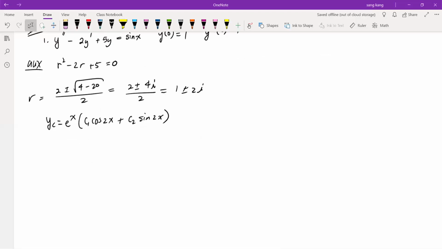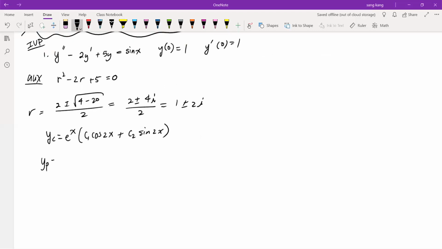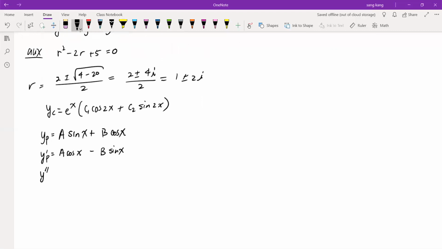My particular is going to be a sine of x plus b cosine x. Let's find the derivatives. a cos x minus b sine x. Double prime will be negative a sine x minus b cos x.